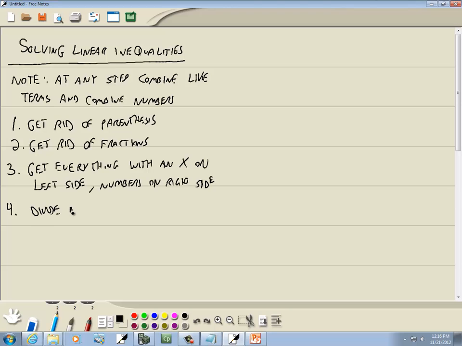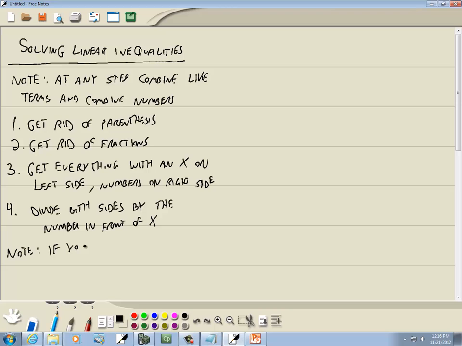And step 4, divide both sides by the number in front of the x. We have a note down here at the bottom.